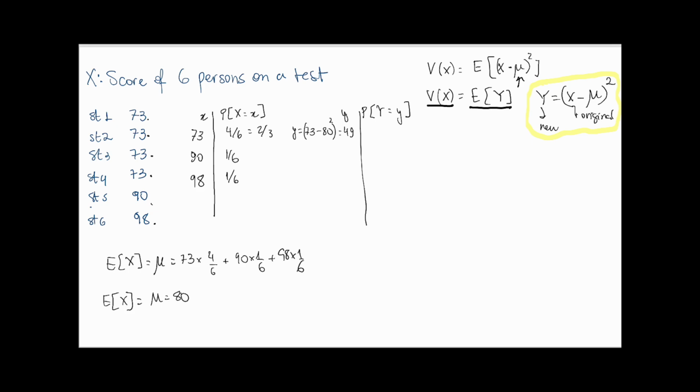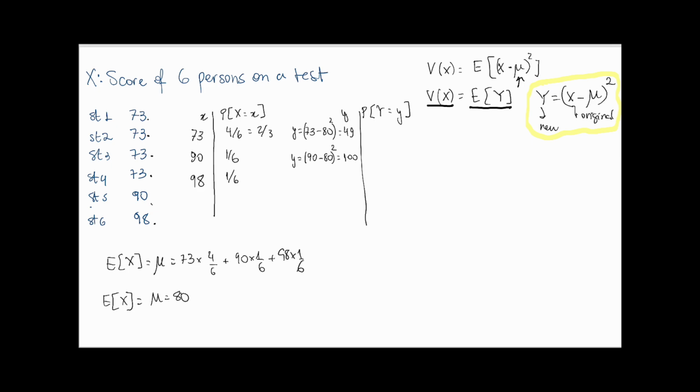Now, when x is equal to 90, my y will be, following the formula, 90 minus 80 squared. This is equal to 100.